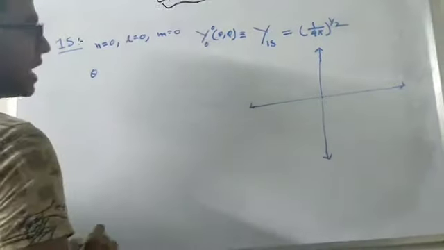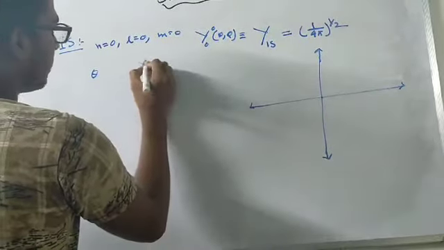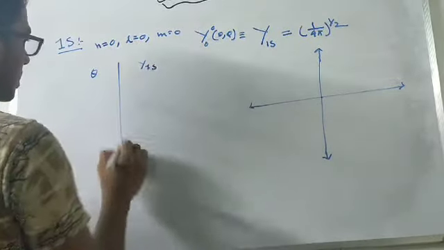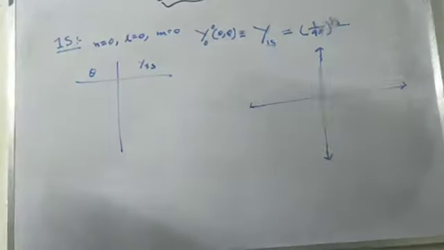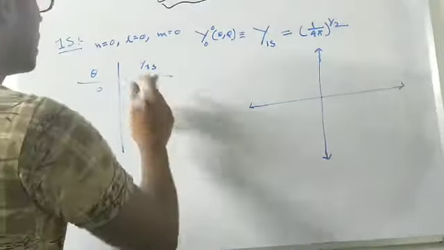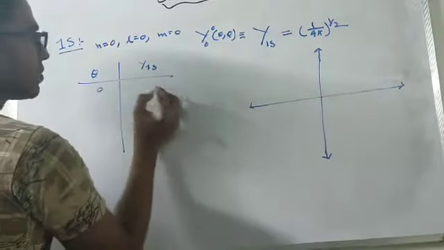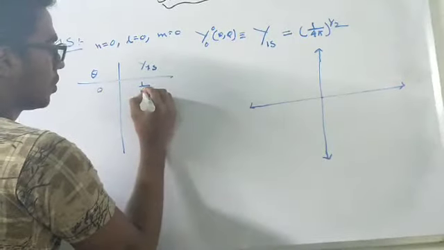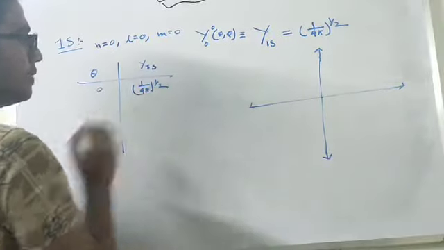I am writing theta, and I am writing the value for 1s. If I ask at the 0 degree angle, what is the value of the angular wave function for the 1s orbital? This is 1 over 4 pi to the power half.